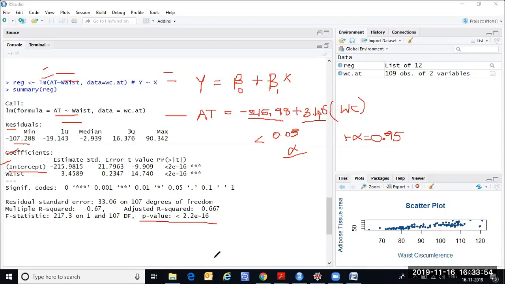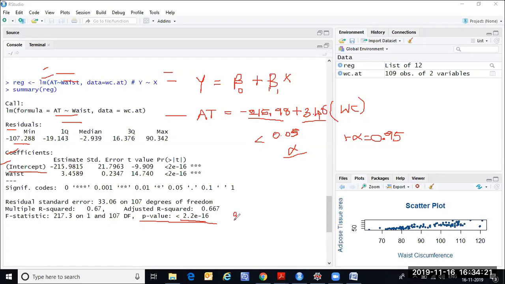So by looking at this value, can you tell me whether this is significant or not? Is that significant, friends?